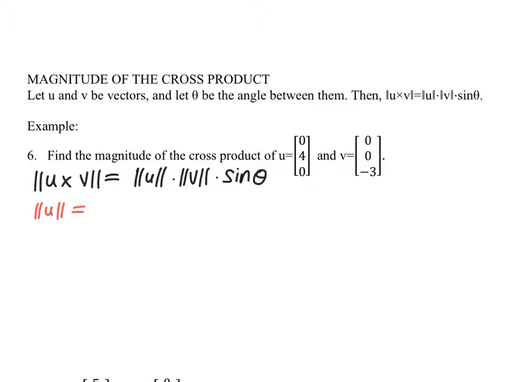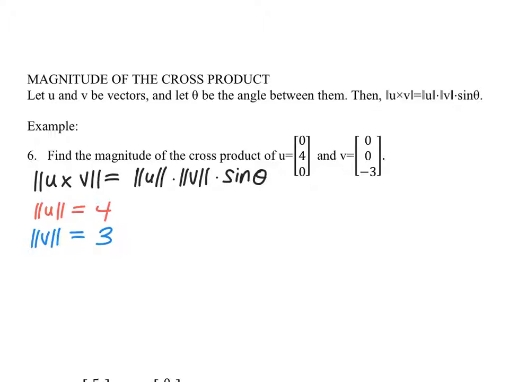It's along the y-axis, so it's a clean 4. I mean, you could do the squared values added together and then take the root, but that's what it's ultimately going to end up being. All right. Then the magnitude of v, by the same rationale, is going to be 3, because it's along the z-axis, 3 units away from the origin.